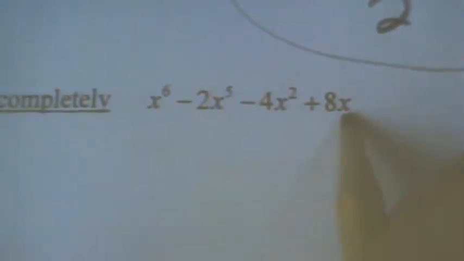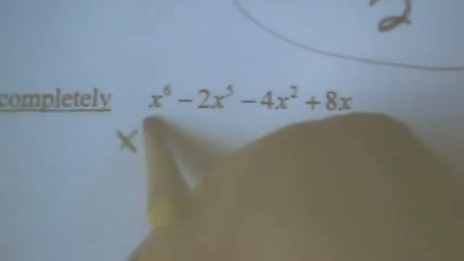Okay, number 12. I want all these, the rational, real, and I want you to factor. And I could ask you for all zeros. All zeros would be real and imaginary. So step 1, now I'm looking for 6 zeros. What do you see right here? I don't see a constant yet.